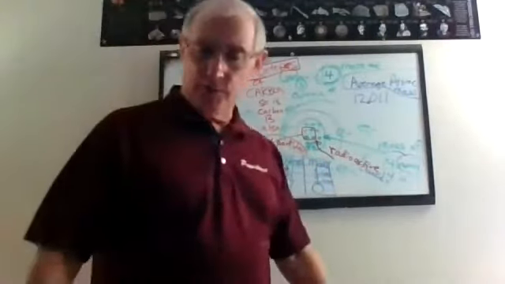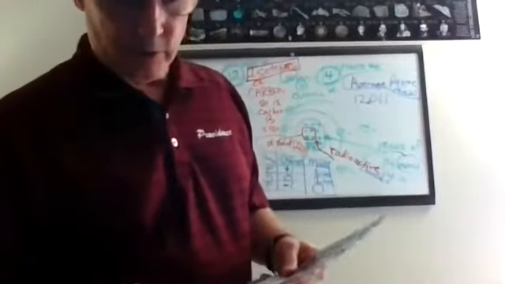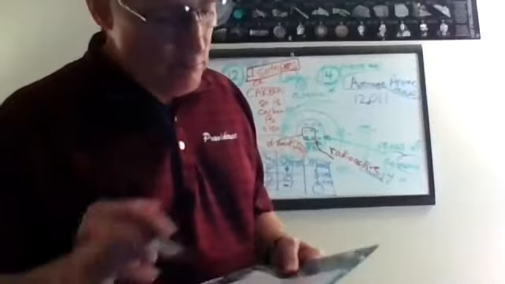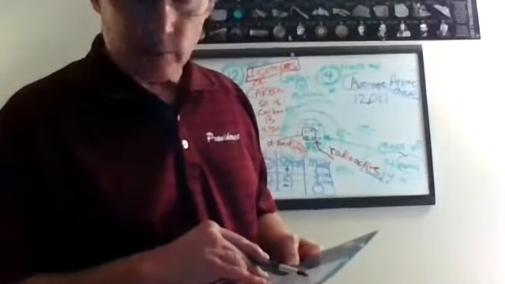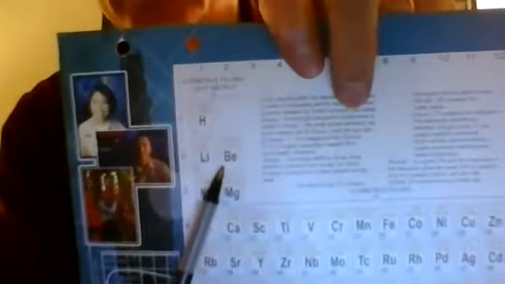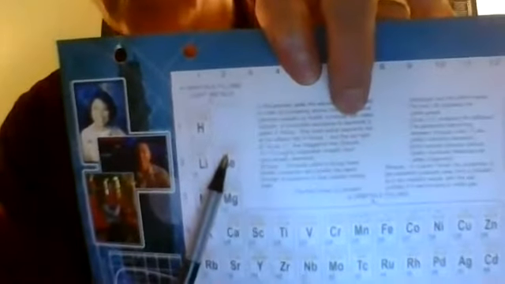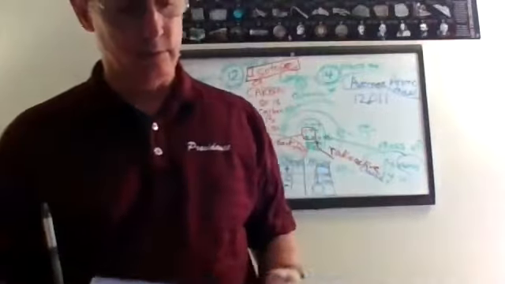And let's go ahead and see if you got this concept. Let's take a look at the element beryllium. Element number 4. You can see it right there on the periodic table. The average for beryllium is 9.012.